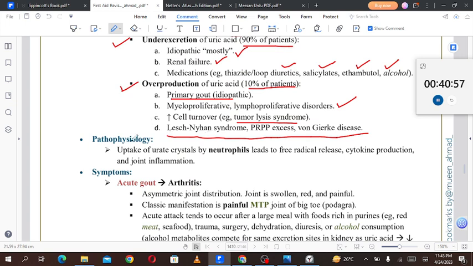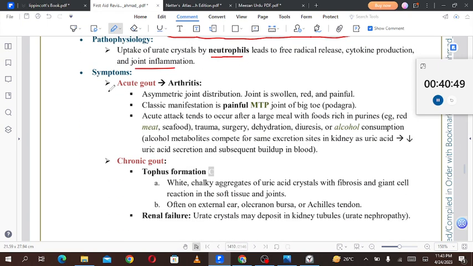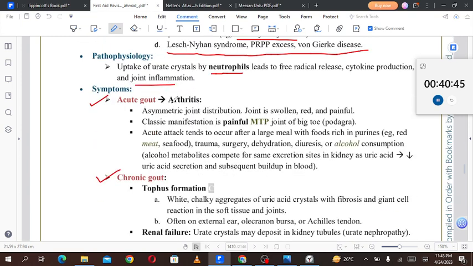Pathophysiology: uptake of urate crystals by neutrophils leads to free radical release, cytokine production, and joint inflammation. Symptoms differ between acute and chronic gout. In acute gout, we find arthritis with asymmetric joint distribution; the joint is swollen, red, and painful.